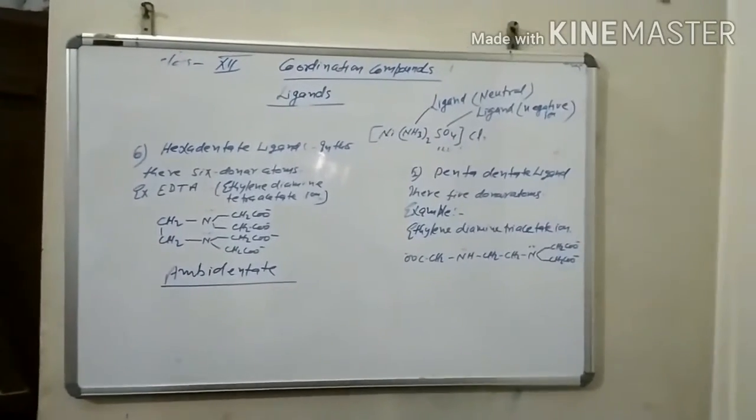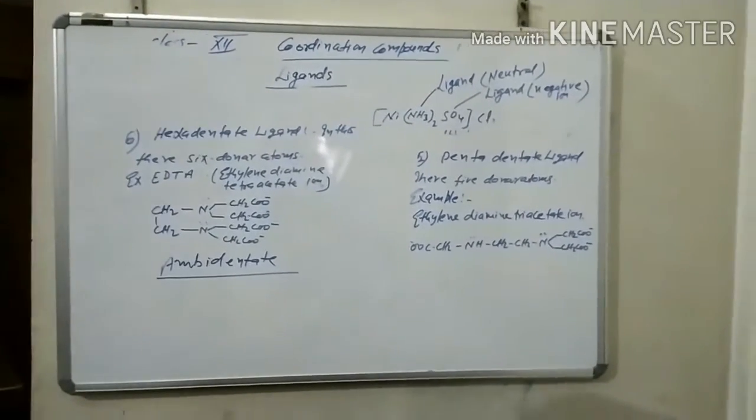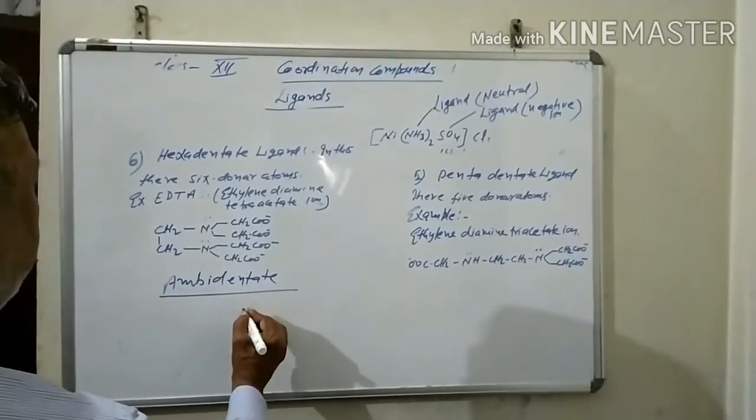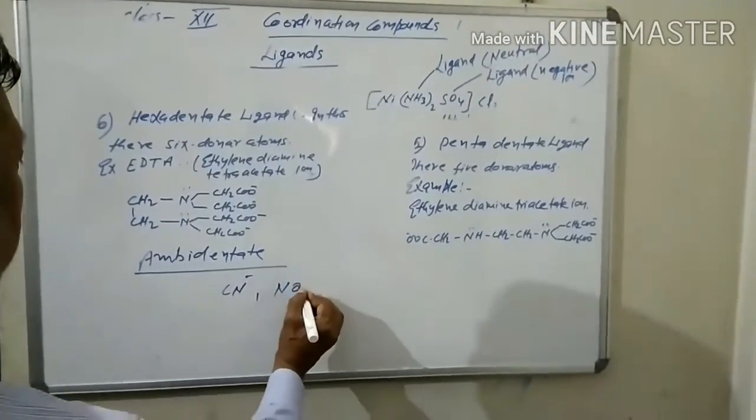Such a ligand is known as an ambidentate ligand, such as cyanide and nitrite ion.